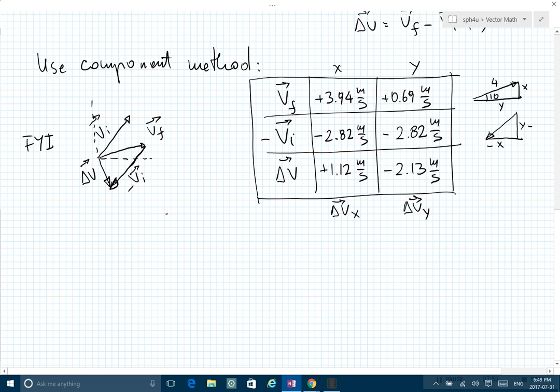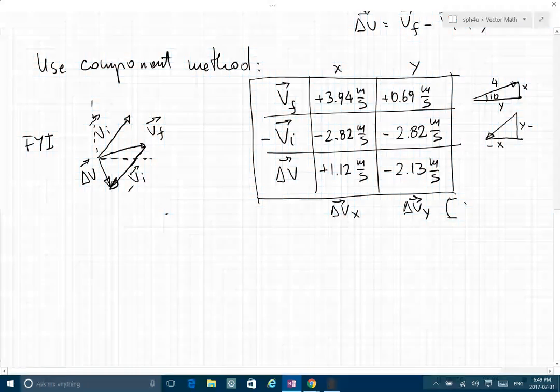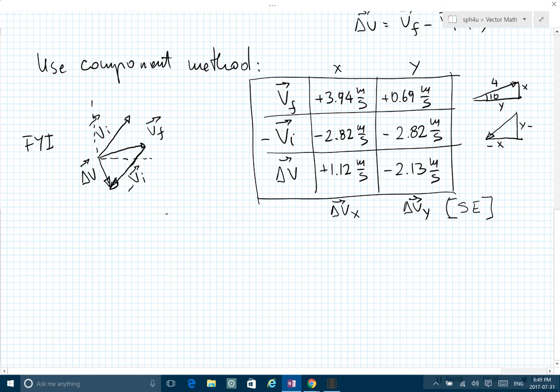As you can see, the positive and the negative tells us that we are somewhere in the east quadrant. Well, let's find it exactly. First we find delta V. Its magnitude is the square root of 1.12 squared plus negative 2.13 squared.